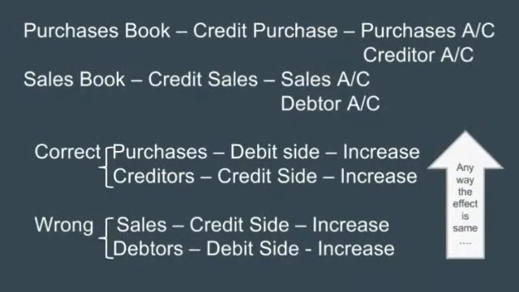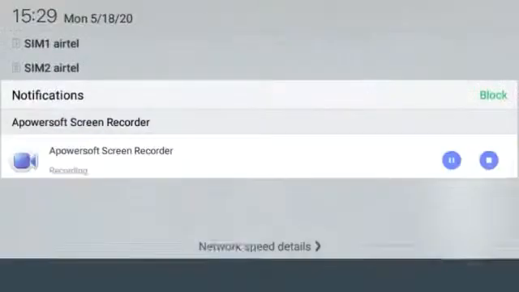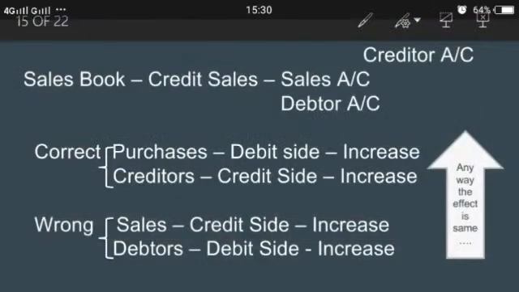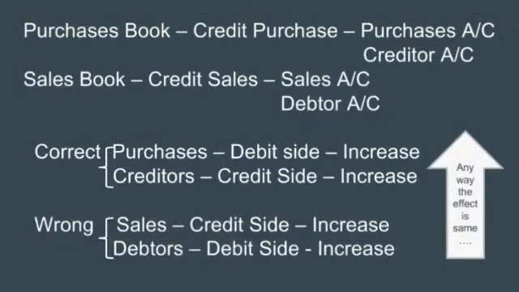So recording a transaction wrongly in one of the subsidiary books does not make a difference in the trial balance, because the purchases book affects the purchases account and creditors account, and the sales book affects the sales account and debtors account, and these are respectively on the debit side and credit side.